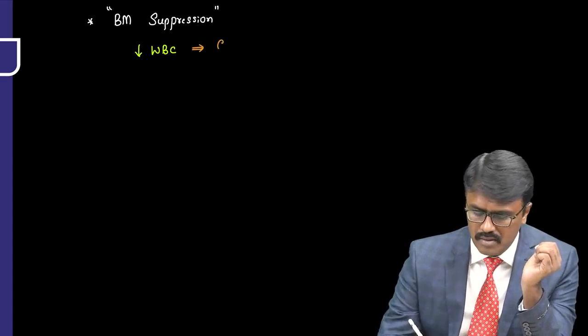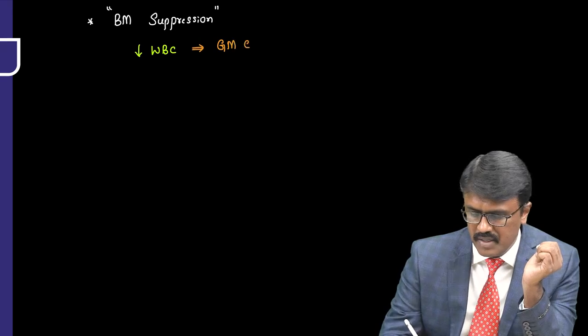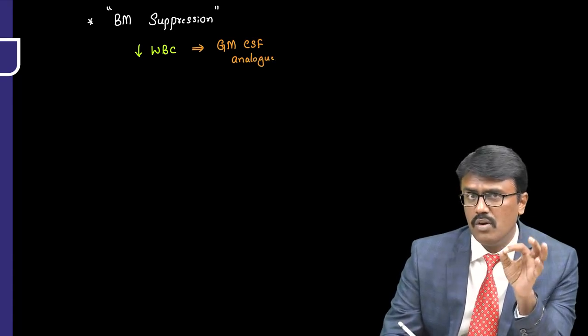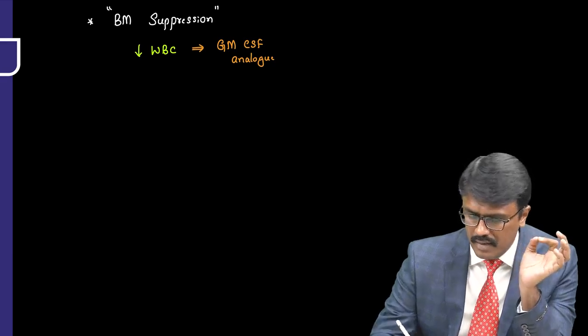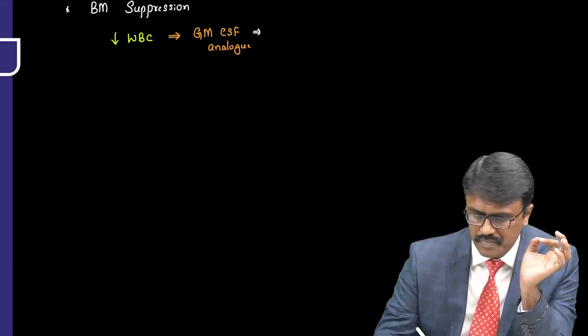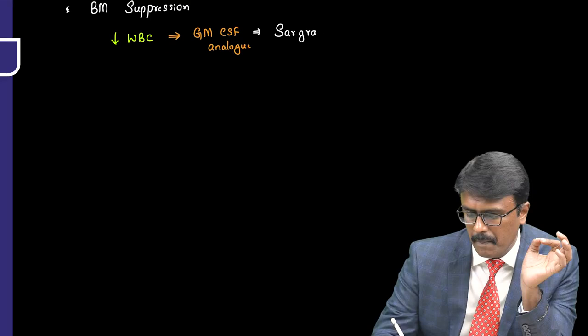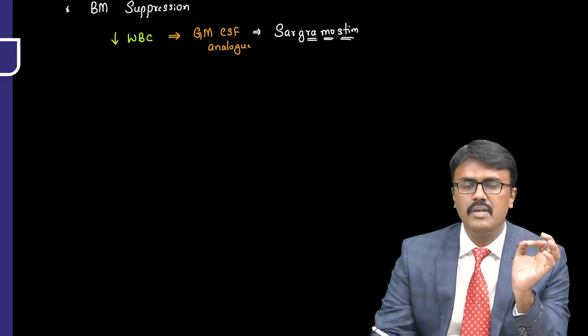There are two important things. We have GM-CSF analog, granulocyte monocyte colony stimulating factor analog, and the name of it is sargramostim. You read the name, it is a granulocyte monocyte stimulator.